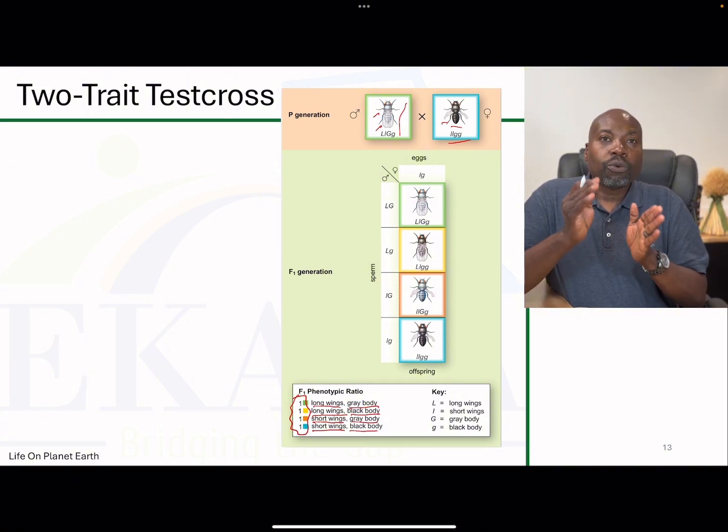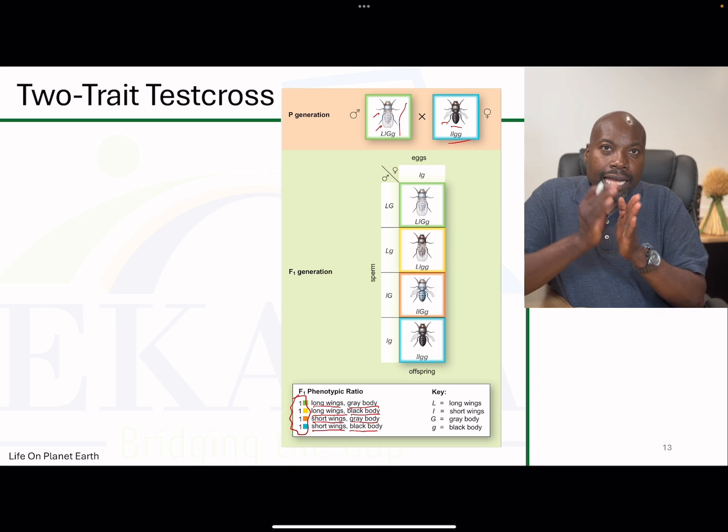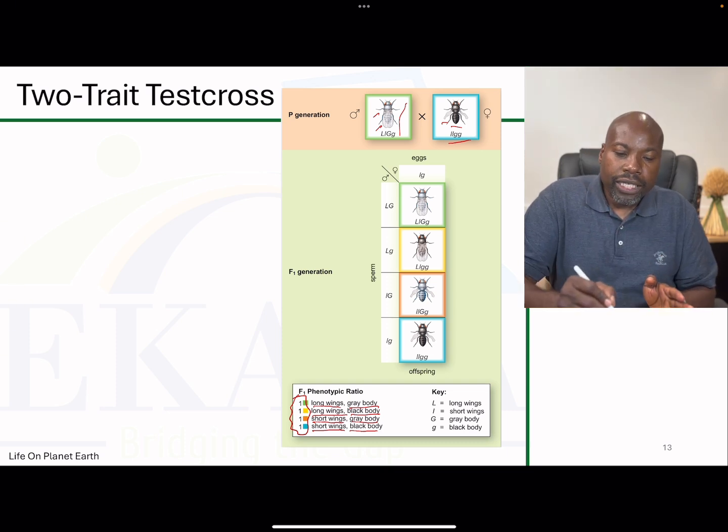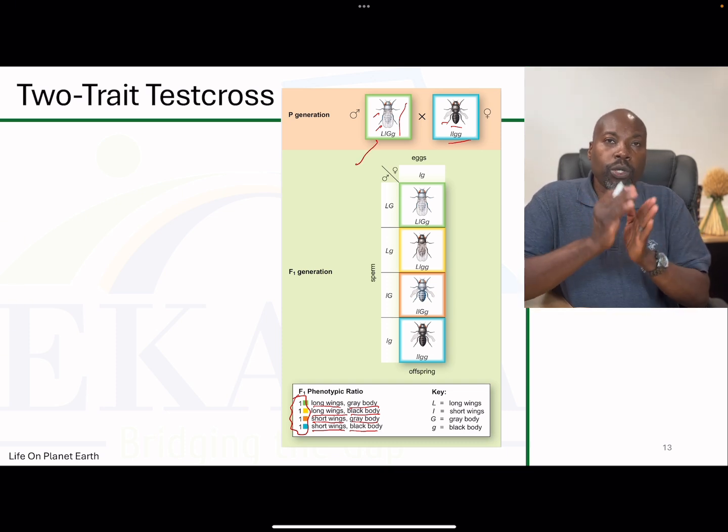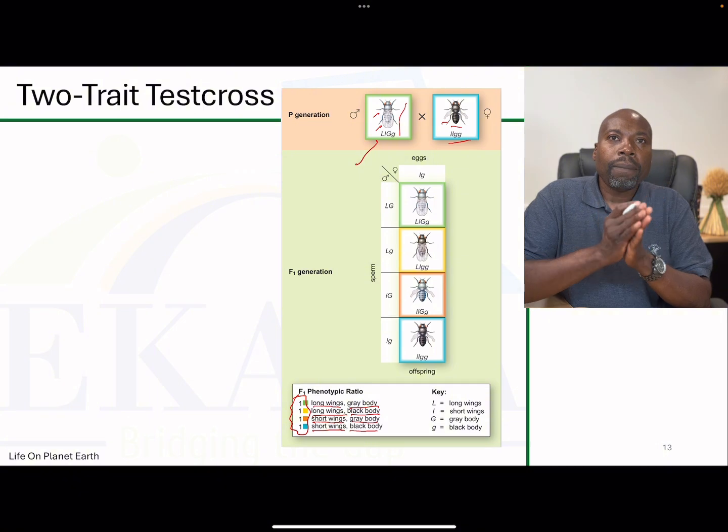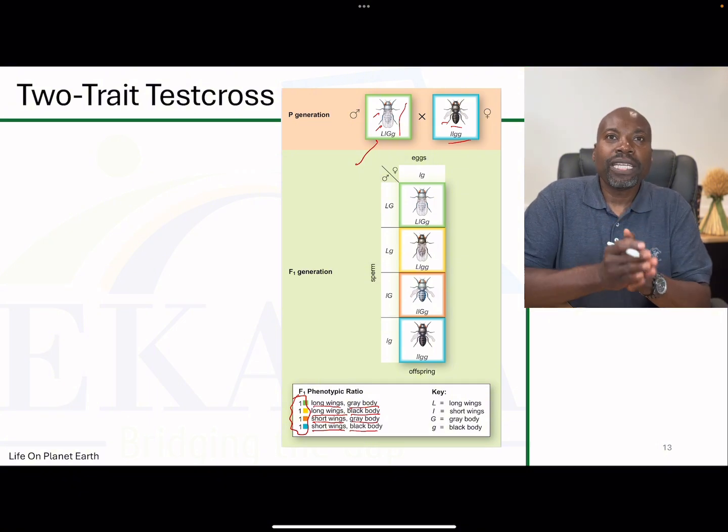So in this case, the unknown individual would be a double hybrid. That would be the outcome, all right?